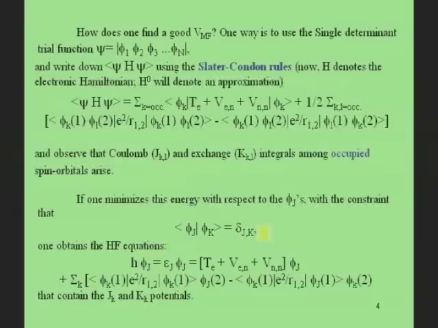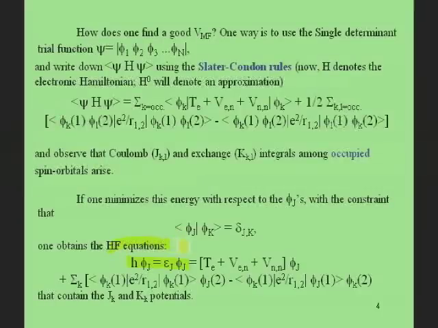Why did we want them to be? Because our whole concept of the Slater determinant and then these Slater-Condon rules were predicated on the assumption that the orbitals were orthonormal. The Slater-Condon rules we just wrote down wouldn't be valid if the orbitals weren't orthonormal. So what we do is we go through a derivation, we minimize the energy. That gives us a set of equations that the optimal, that is the best phi's, obey.